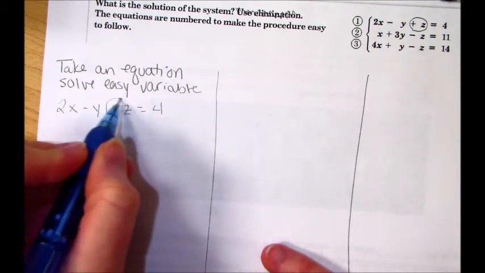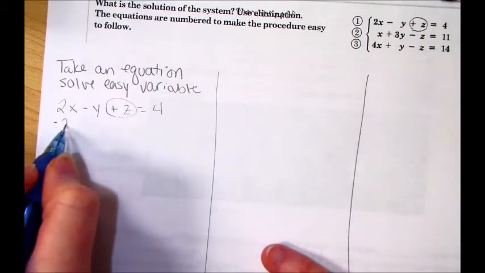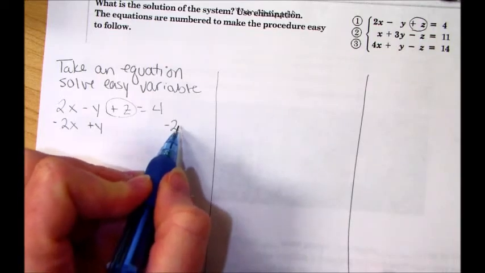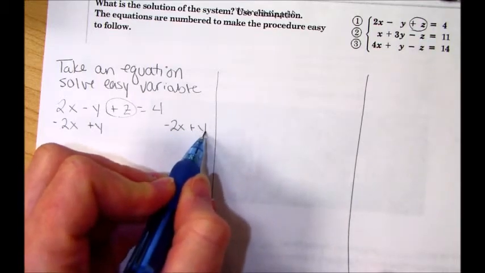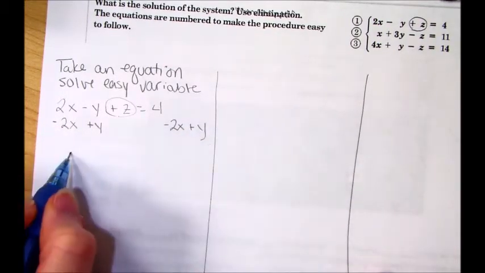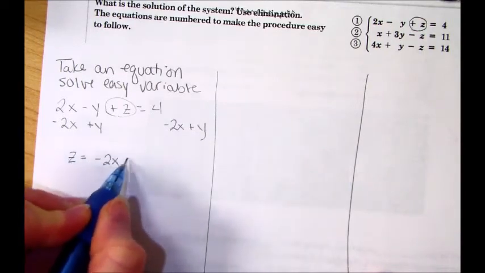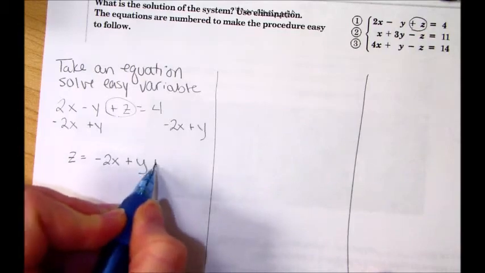We're going to solve this equation for z. So we're going to minus 2x, we're going to add y. So we get z equals negative 2x plus y plus 4.